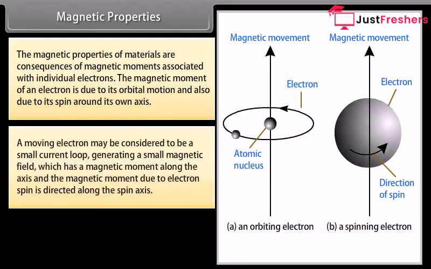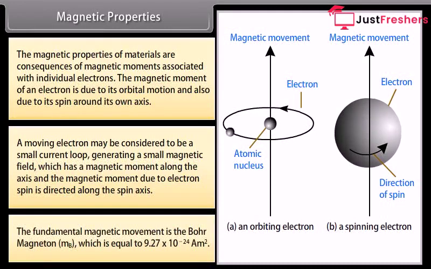A moving electron may be considered to be a small current loop generating a small magnetic field which has a magnetic moment along the axis, and the magnetic moment due to electron spin is directed along the spin axis. The fundamental magnetic moment is the Bohr magneton, μB, which is equal to 9.27 × 10^-24 Am².